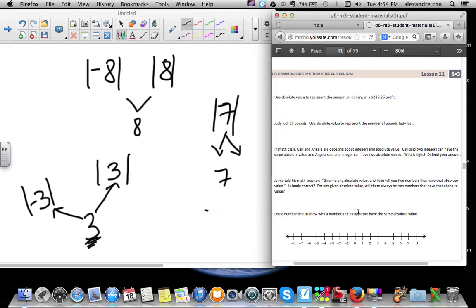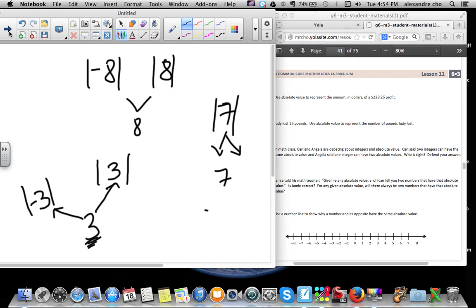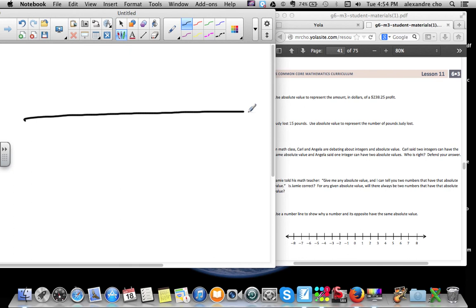Use the number line to show why a number and its opposite have the same absolute value. Guys, they don't give you the number, so the easiest is to pick a number. If you ever have a question like this when your number is not given, create a number. So that's 0, and let's make our number 5. Well, let me use a lower number.